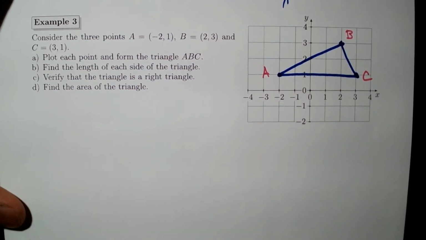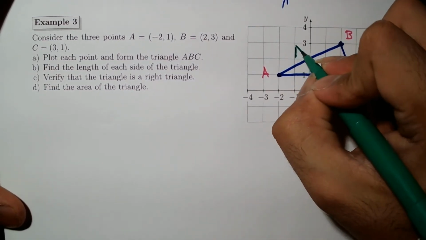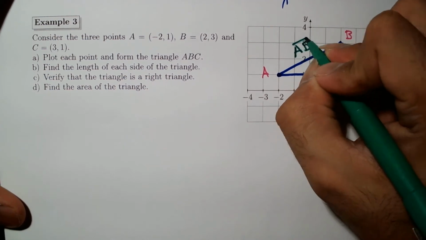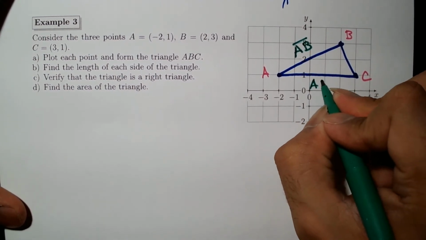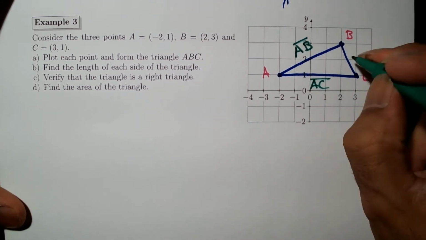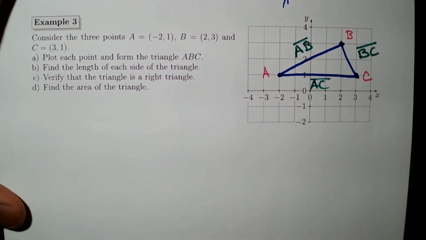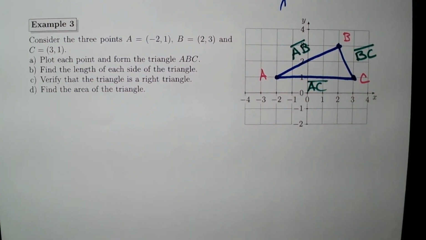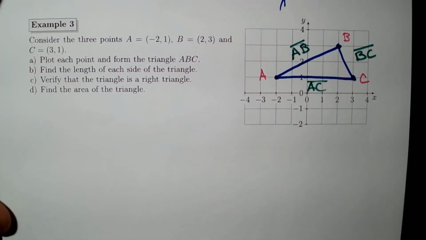In this case, we are going to have the segment AB, the segment AC and the segment BC. So we are going to have 3 segments, and we are going to find the distance between the 3 points.